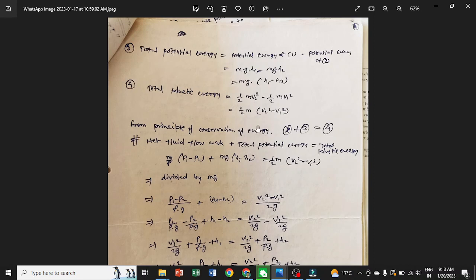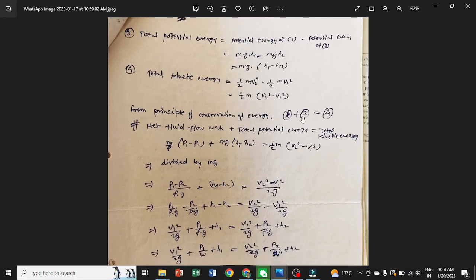All values we will put in this. Mass upon density (P1 minus P2), this is from equation 2, plus mg(h1 minus h2), this is from equation 3, equal to 1 upon 2 m(v2 square minus v1 square), this is from equation 4.